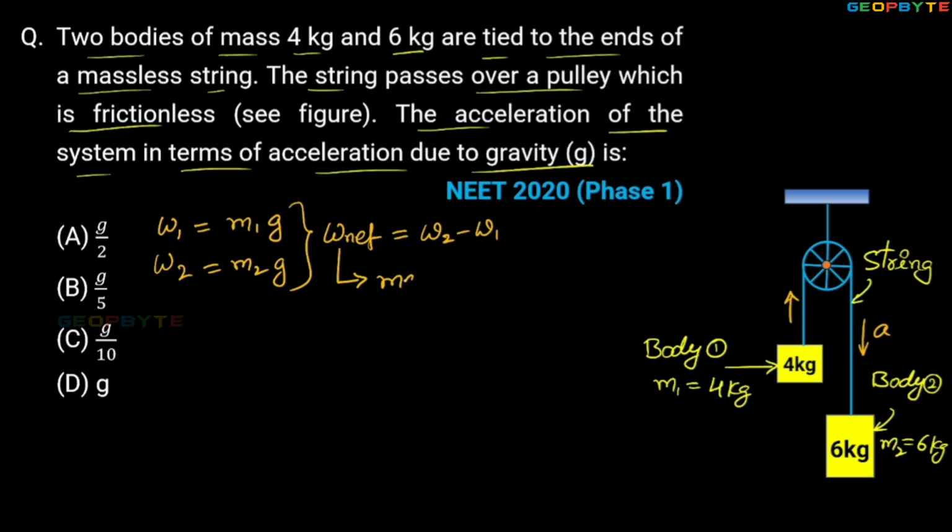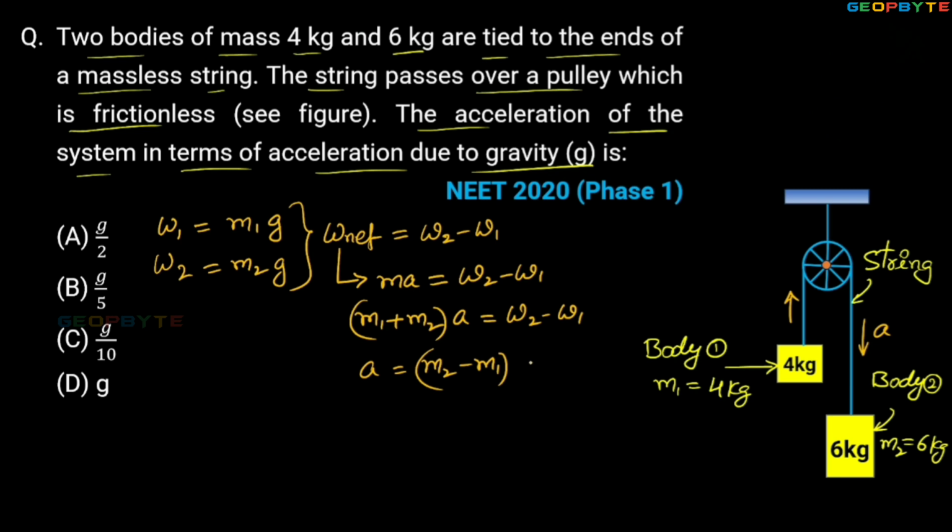mass times the acceleration, which is equal to w2 minus w1. Here mass equals m1 plus m2. So (m1 plus m2) into acceleration equals w2 minus w1. Then acceleration a equals (m2 minus m1) into g divided by (m1 plus m2).